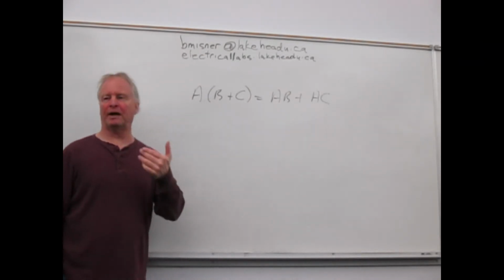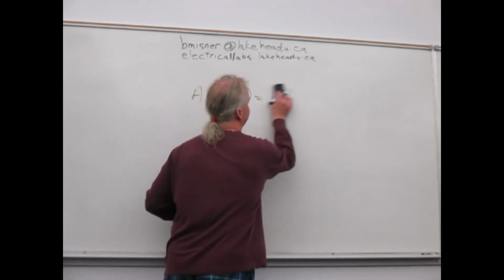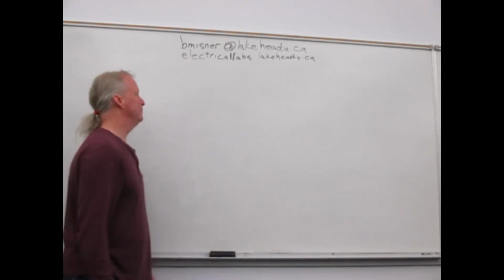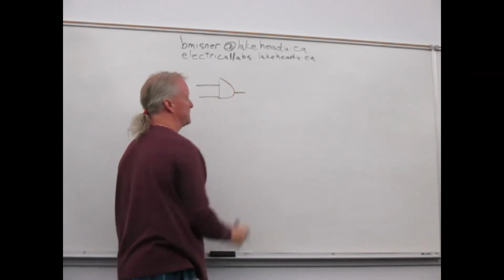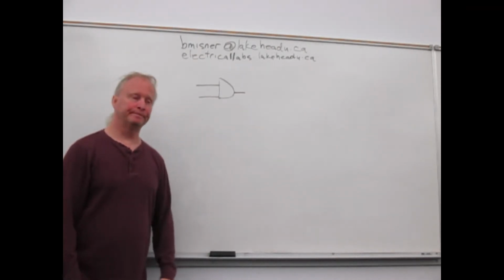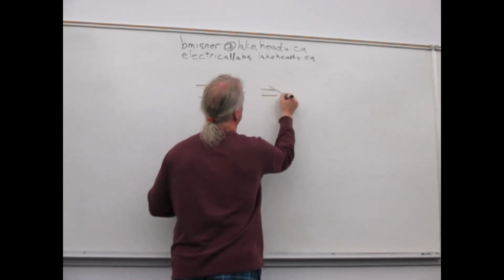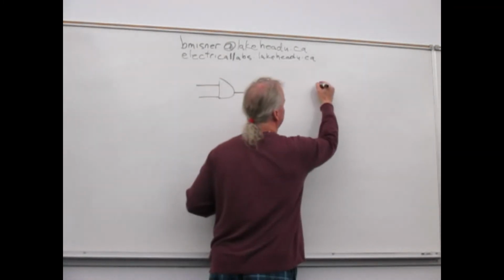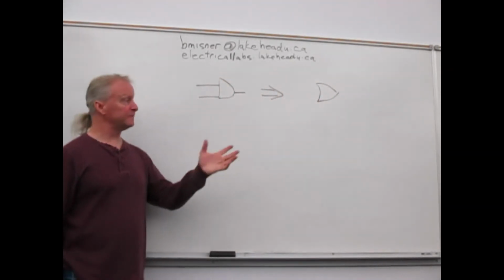And then the other one I usually go through is De Morgan's theorem. I call it the bubble theorem, because let's say we have an AND gate like this, and then say we want to convert that to an OR gate. Here's our OR gate.